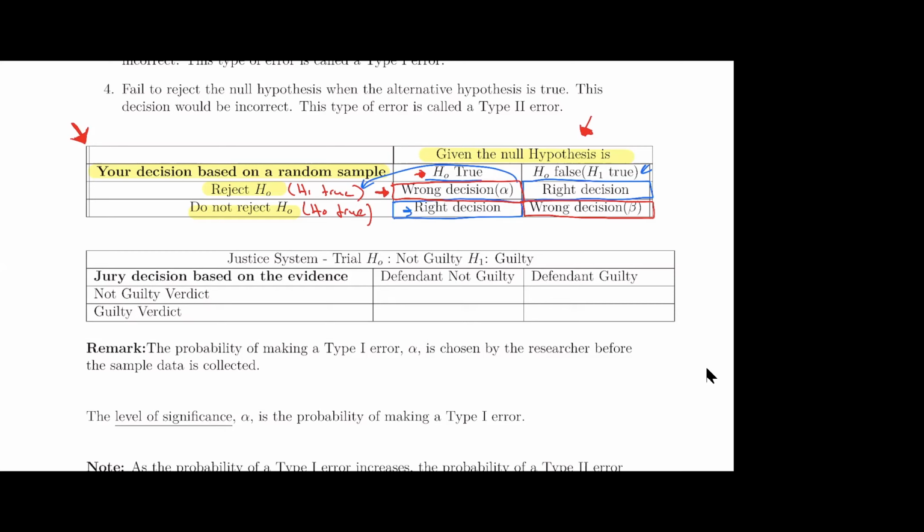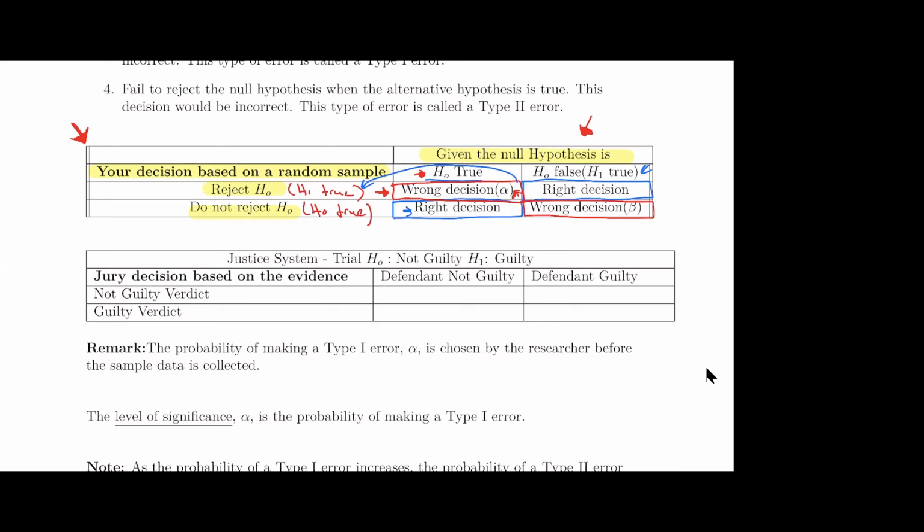So in this scenario, we came up with the wrong decision. If you look at our alpha, we have alpha right there because this is a type 1 error. Anytime we reject the null hypothesis when the null hypothesis is true, that's a type 1 error.